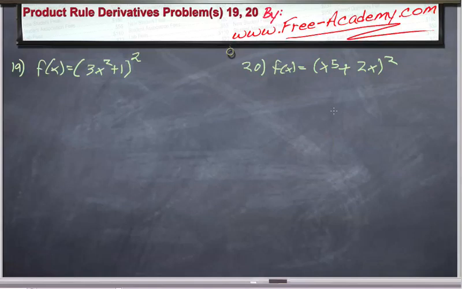Now these problems are a little bit more interesting compared to the ones we've seen before, because in our previous problems we had f of x is equal to something in parentheses times something else in parentheses.